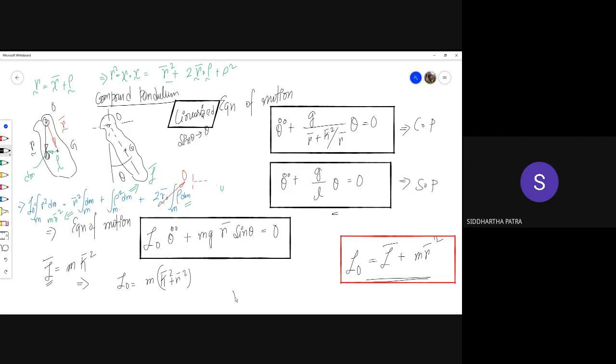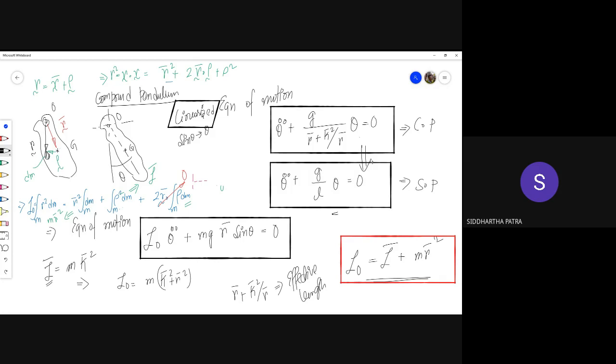And this quantity for a compound pendulum could be thought of as an effective length, by comparing this expression with the equation of motion of a simple pendulum. What is the significance of that effective length?